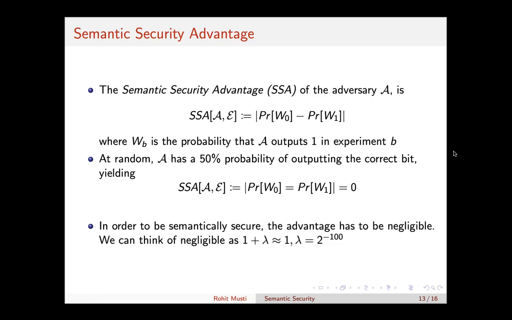The way this notation is expressing it is that W0 is, more formally, whether or not the adversary guessed the correct bit in experiment 0, and W1 is whether or not the adversary selected the correct bit in experiment 1. So the probability of whether the adversary selected the correct bit in experiment 0 is how we should technically be reading Pr[W0]. Does that make a little bit of sense, or does that still feel a little bit hazy?